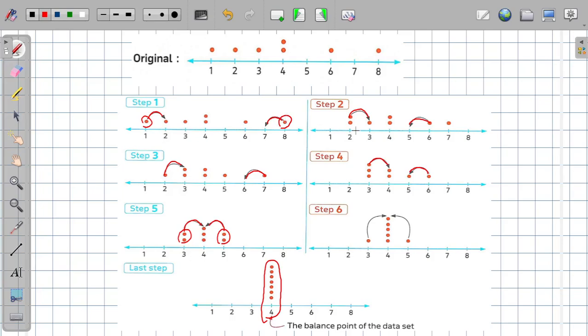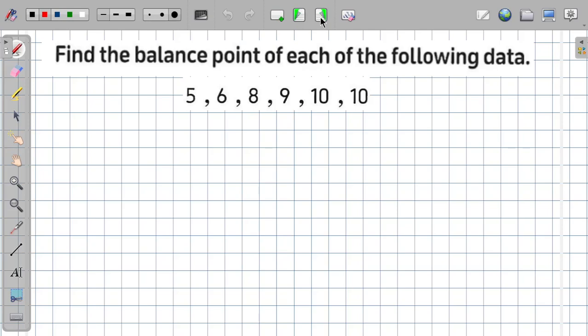Again, one step right, one step left, one step right, one step left. I move the dots the same distance in two opposite directions to make this dot plot balanced. So let's try to do it ourselves.